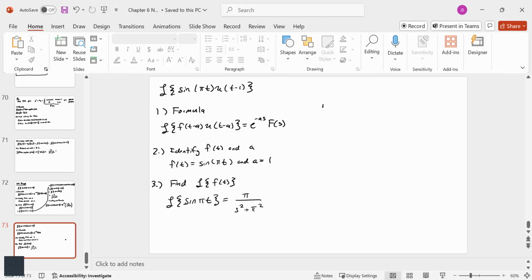And then step 4 is we are going to sub in the t minus a into f of t.